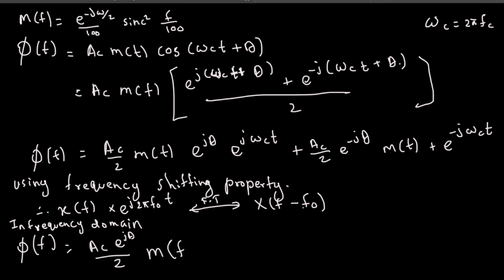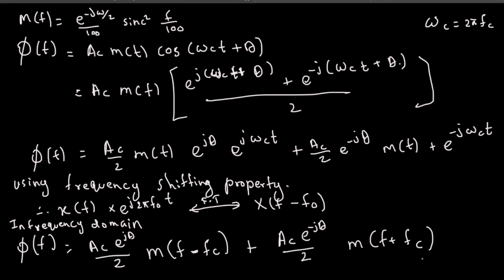Whatever the shift is, it should be subtracted if the power is positive, and added if the power is negative. Here the power is positive, omega_c, so this is going to be minus f_c. On the other side the power is negative, so it is exactly the same but the shift is added: A_C e power j theta, and here minus j theta, divided by 2, and then M of f plus f_c.